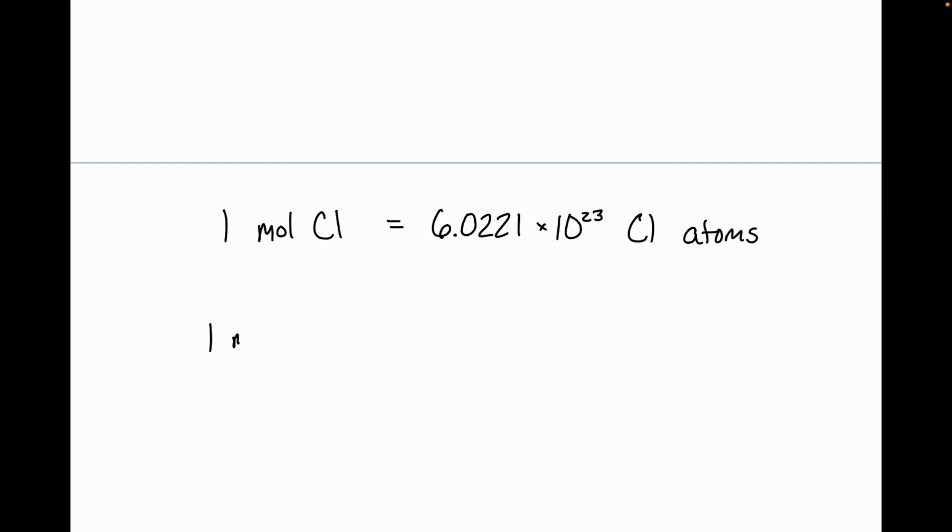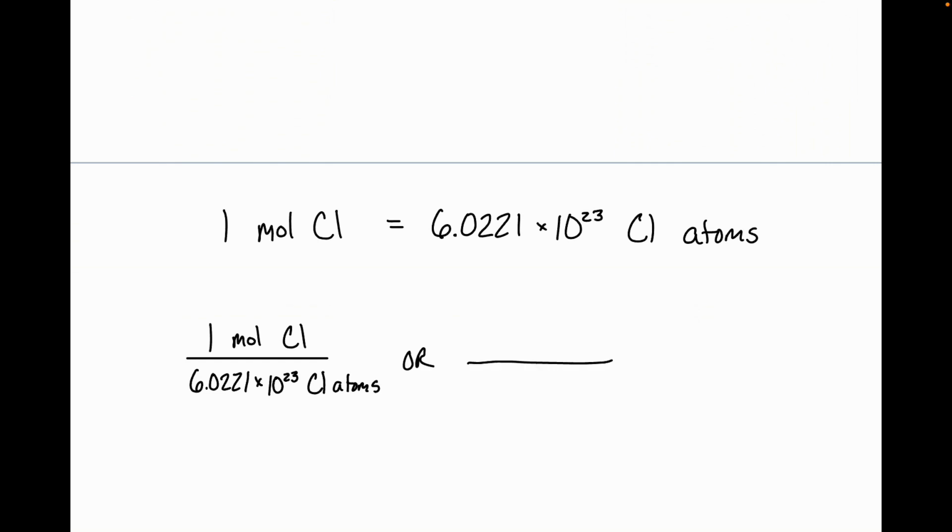So for example, my 1 mole of chlorine equals 6.0221 times 10 to the 23 chlorine atoms. We have a little conversion factor that we can build here where we're going to stack 1 mole of chlorine over the 6.0221 times 10 to the 23 chlorine atoms.